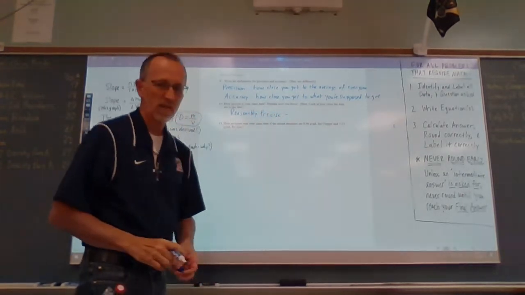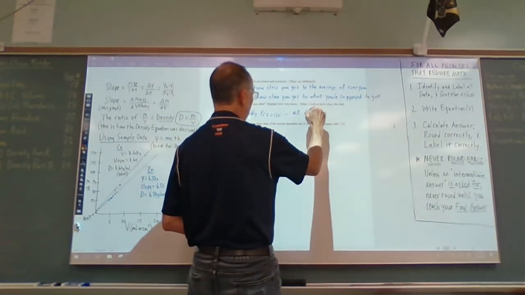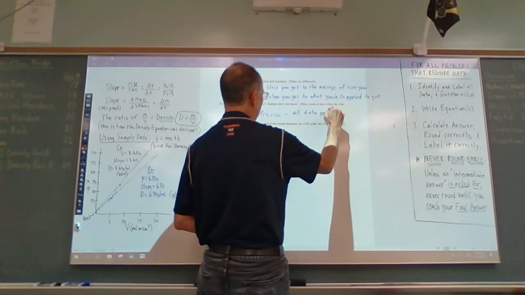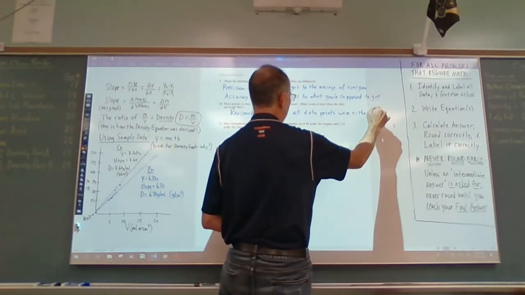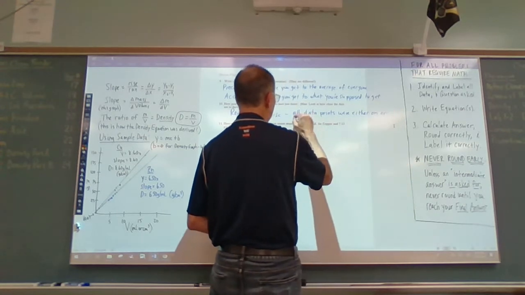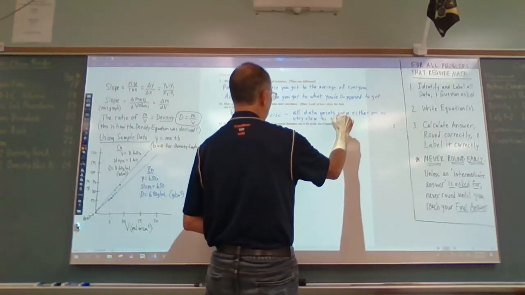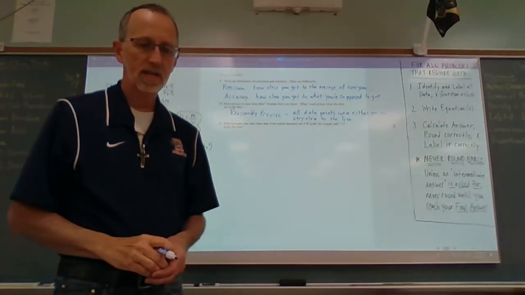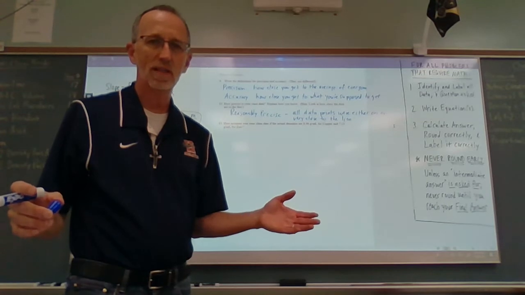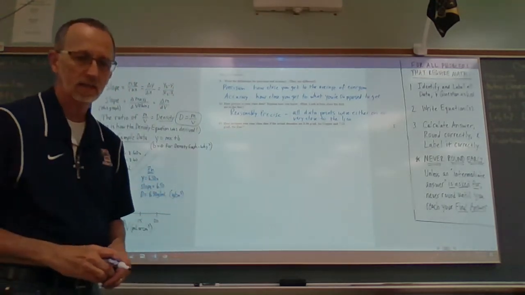And how you know is all the data points were either on or very close to the line, our best fit line. So there really weren't any major outliers where you had dots way far away from the line.